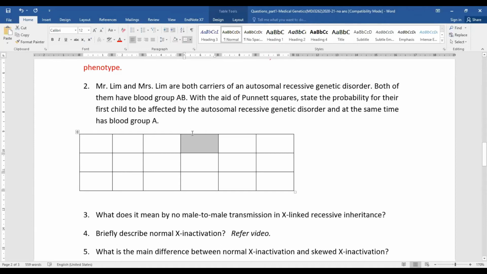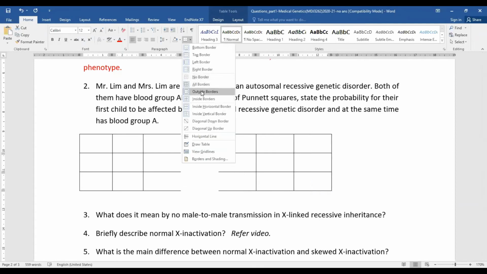I hope you can understand what I'm trying to put here. So Mr. Lim and Mrs. Lim, carriers of the autosomal recessive genetic disorder. It's actually two tables. How do I separate them? No border, no border.